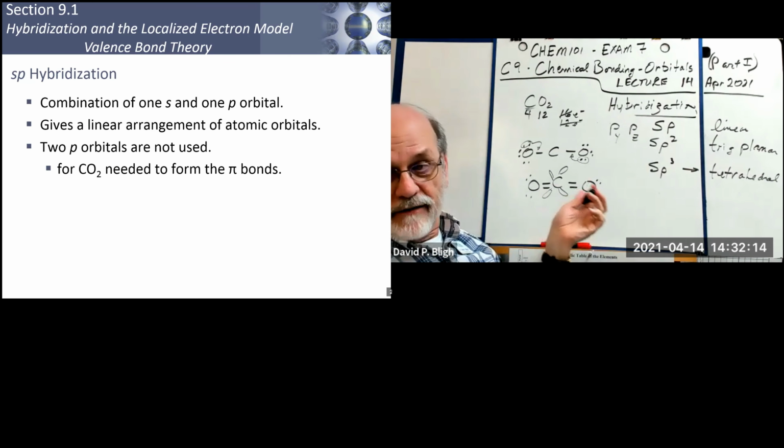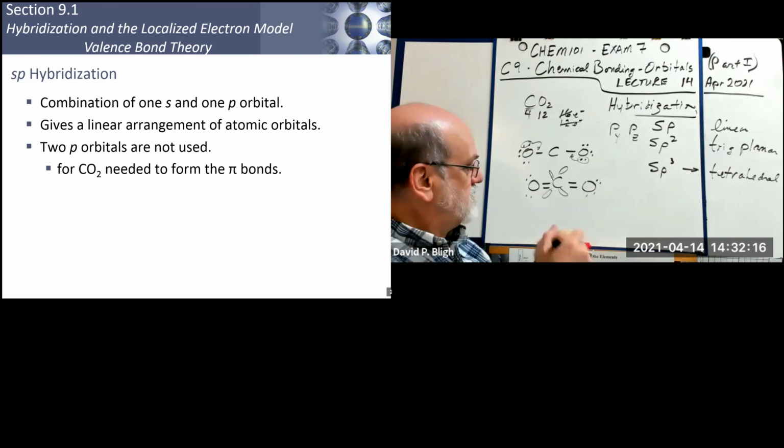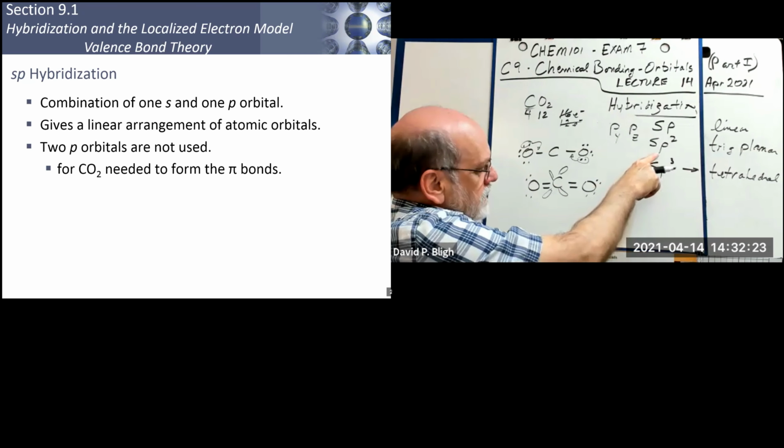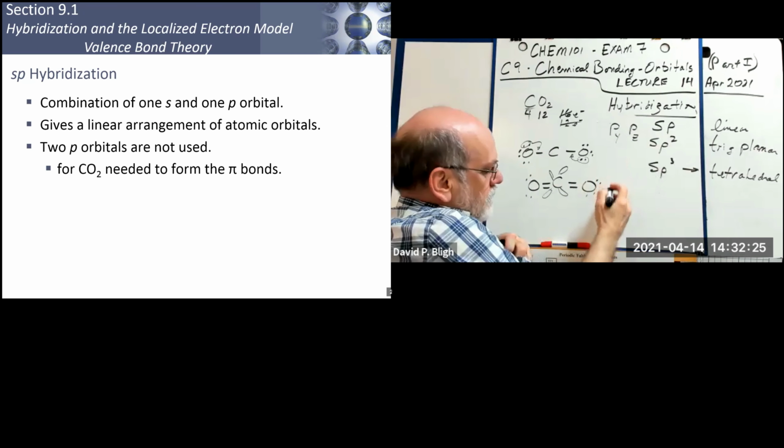But what does oxygen have going for it? Oxygen has 1, 2, 3, so it needs 3. So oxygen's going to have sp2 hybridization.